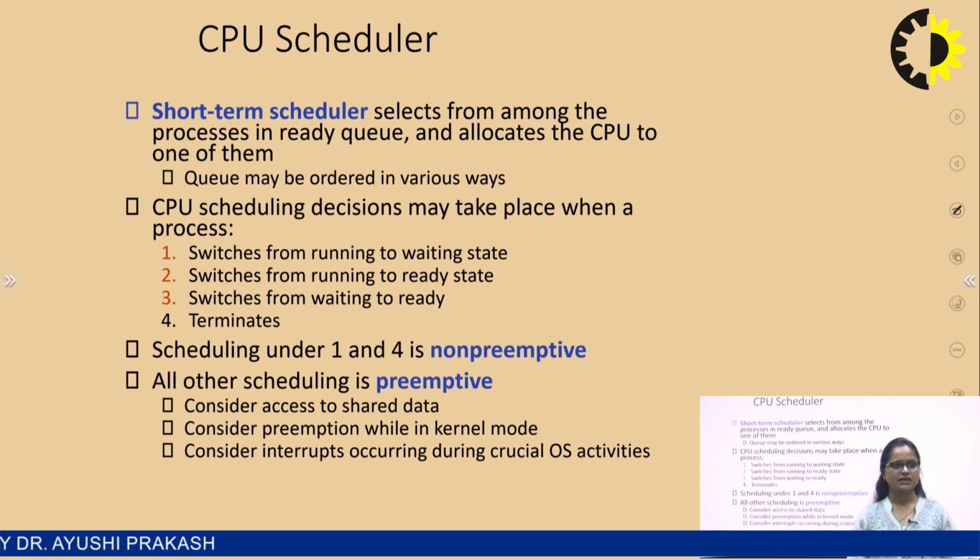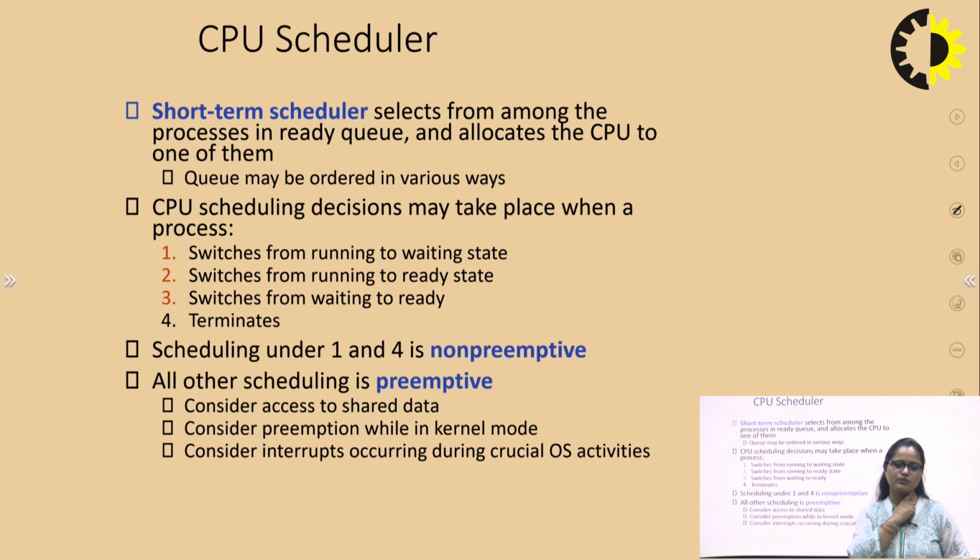This is the case of 2: when it was running, and due to the higher priority of another program, it goes to ready state. When the higher priority program finishes its work, it comes into the running state again.